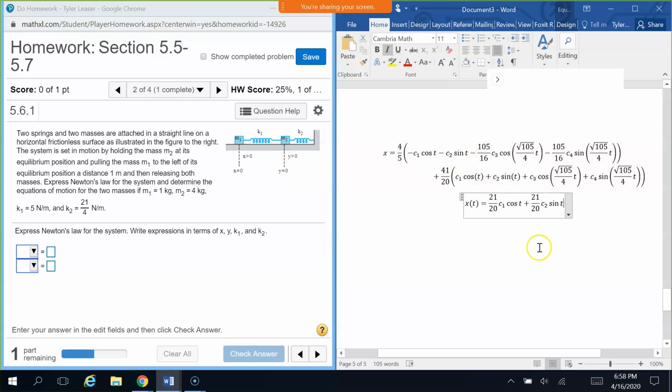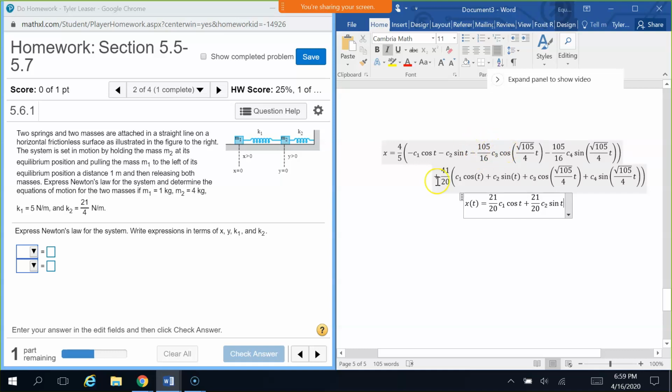All right, and then these are going to get awful. I'm definitely going to need some help with these. So we need to distribute the 4/5 onto the 105/16, and that's negative.